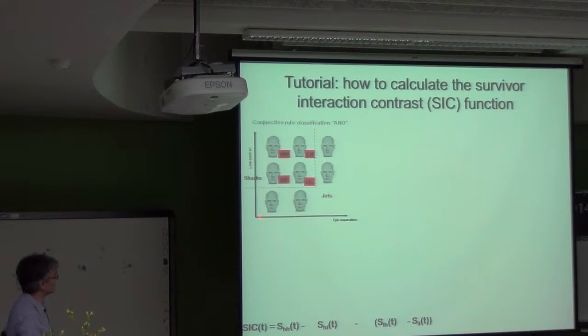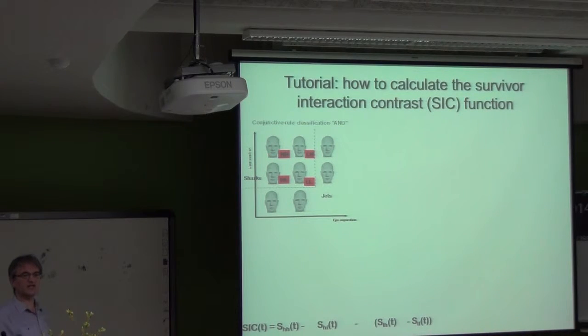You have eye separation and lips position here. In eye separation, you have 2 groups of faces. We call these jets, and these guys are called sharks. As you can see, if you go along that dimension, eyes are more separated. So jets and sharks. If you go to this dimension, lips position, we see that lips are getting closer to the nose.